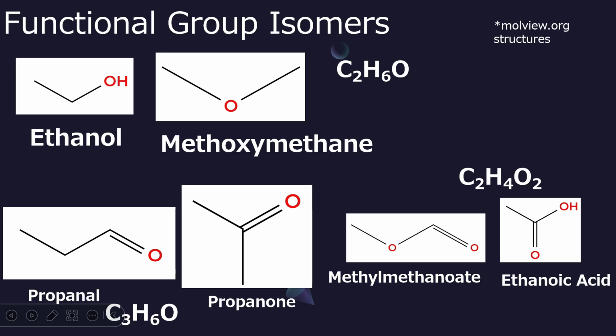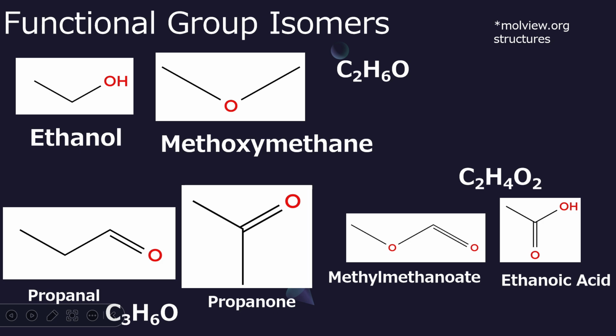So one other thing you might notice is that if there's unsaturation of any kind, there's a double bond, for example, in propanal and propanone, CO double bond. There's exactly one of those. Those tend to follow this chemical formula C3H6O. C3H6O is telling us that there is a double bond or ring somewhere in the structure.